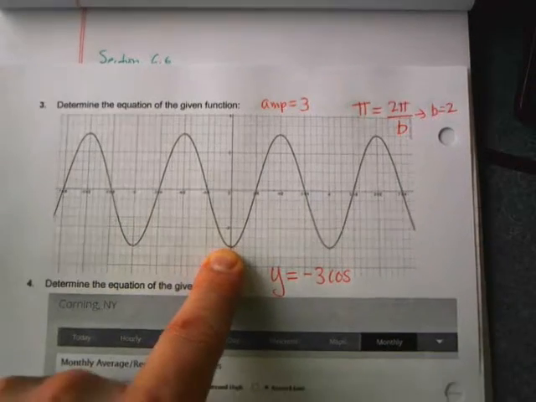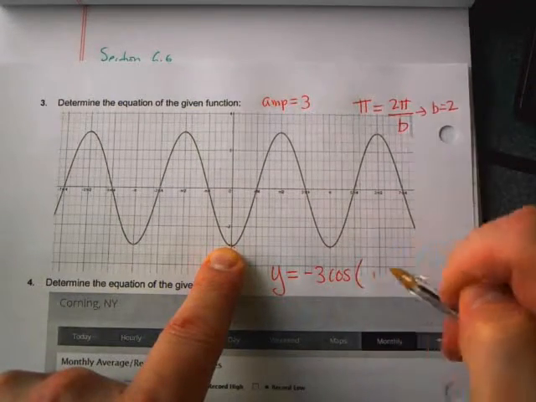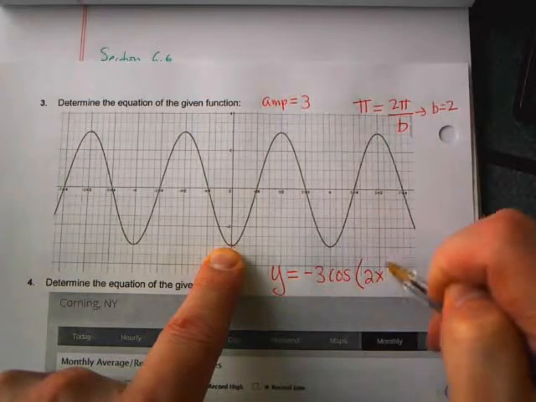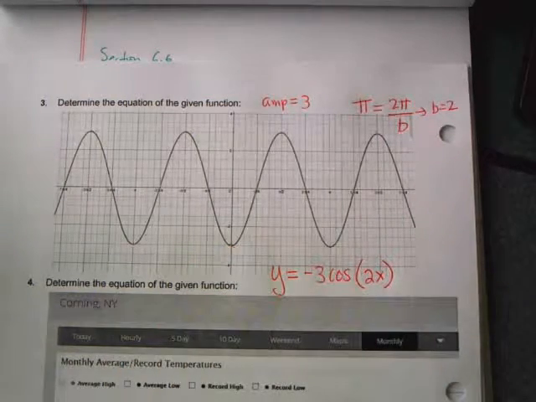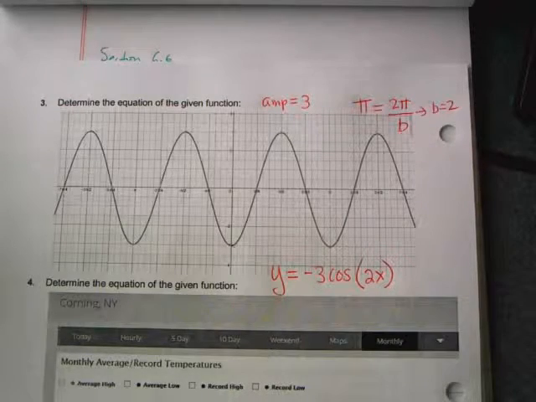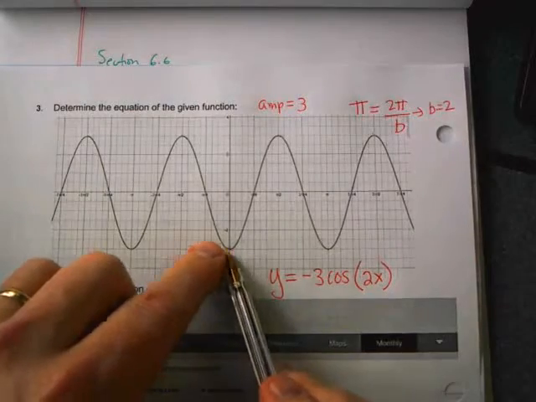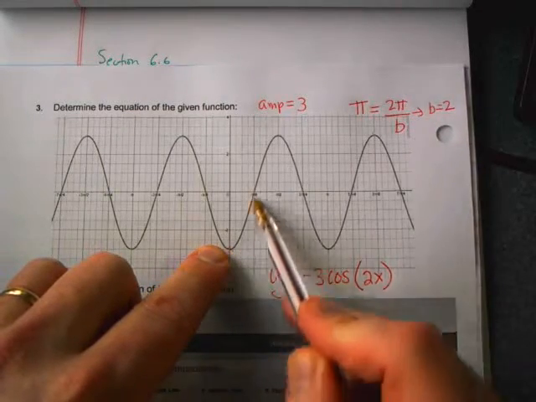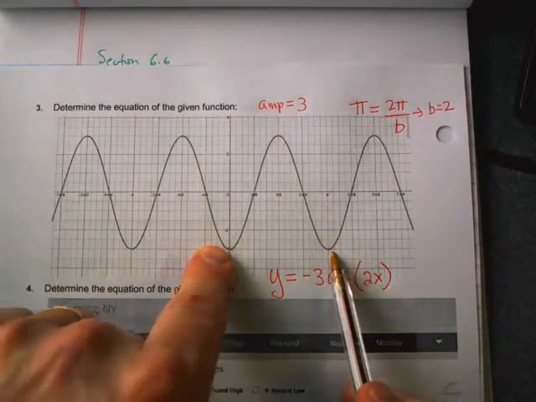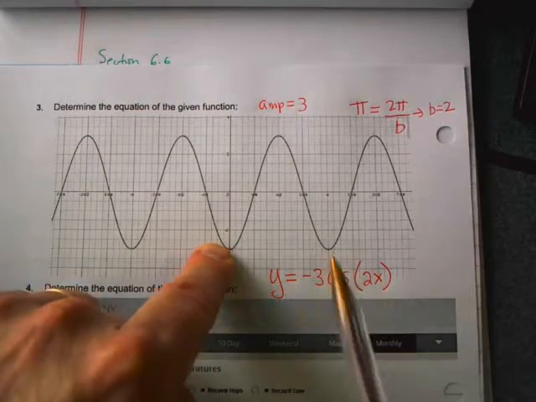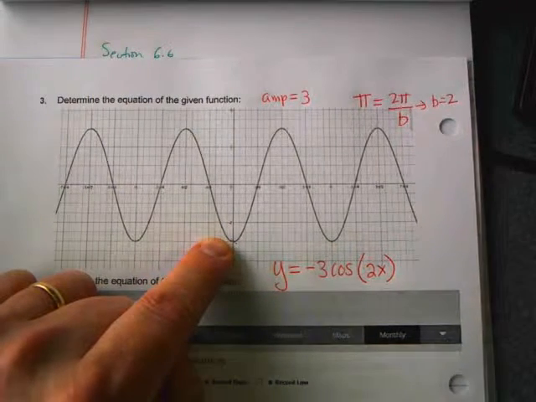So I think a correct answer for this is simply negative 3 cosine 2x. I don't need a phase shift because one complete cycle goes like so. So I think for this problem it's easier to use cosine.